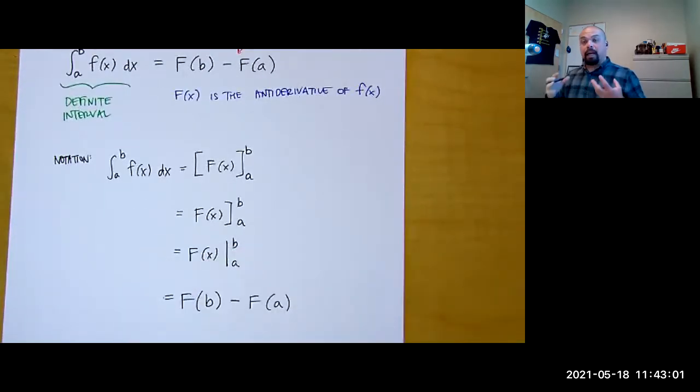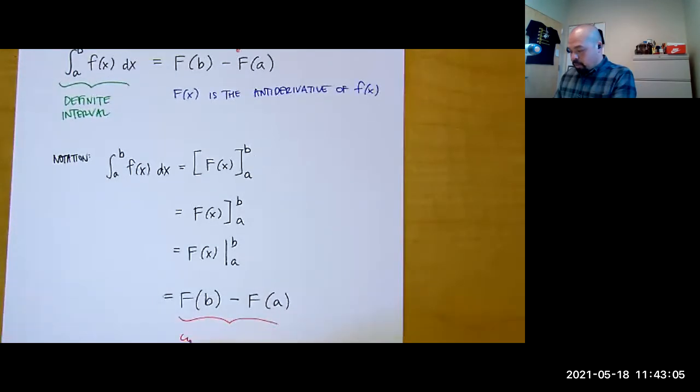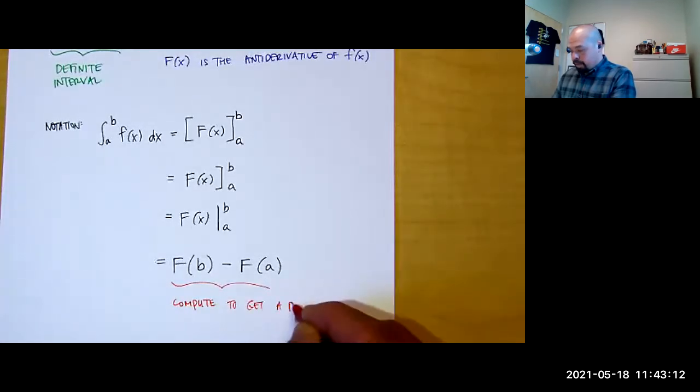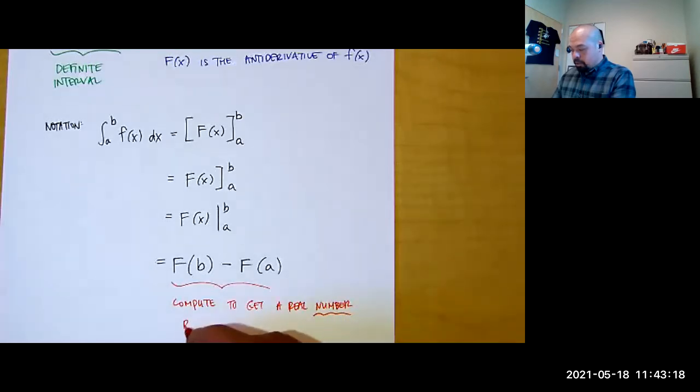And we should do this and we get a real number result. Okay, you can compute to get a real number result. So typically at this stage for a definite integral, there's no variables left.